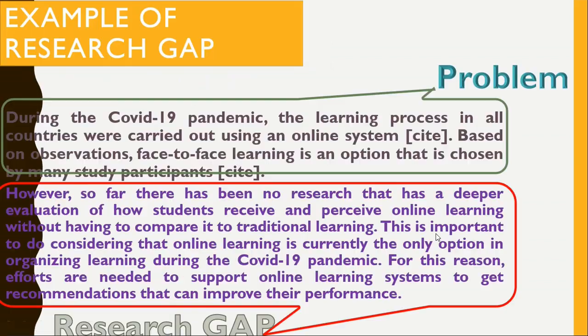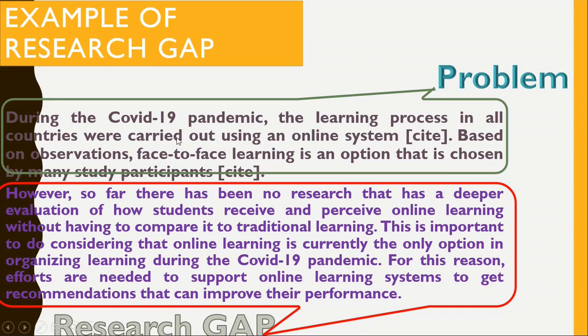And this is an example of a research gap. For example, I state two statements, two sentences regarding the problem. Something like this: during the COVID-19 pandemic, the learning process in all countries was carried out using the online system.